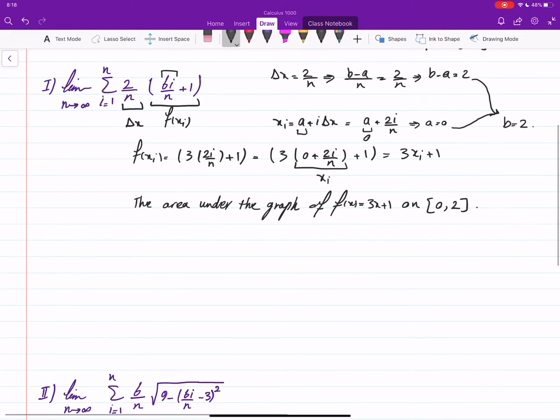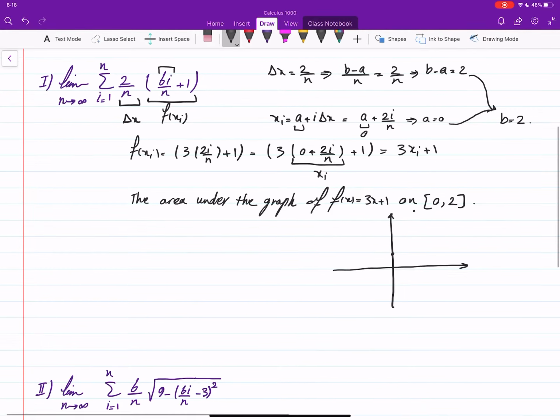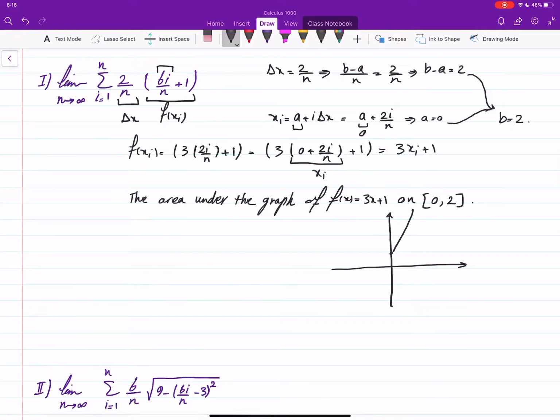Okay, well, what is such a graph? So I have 3x plus 1, this will be 1 here at 0. At 1, there will be somewhere there. That will be the graph, something like that, going through 1 and 2 here.